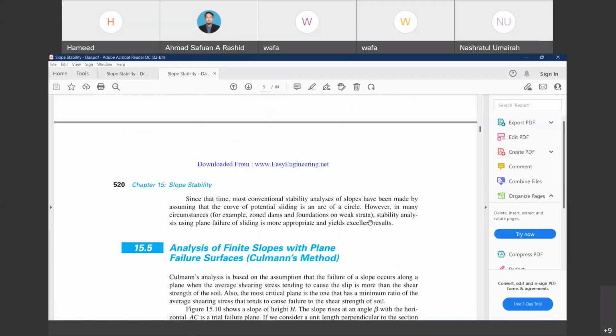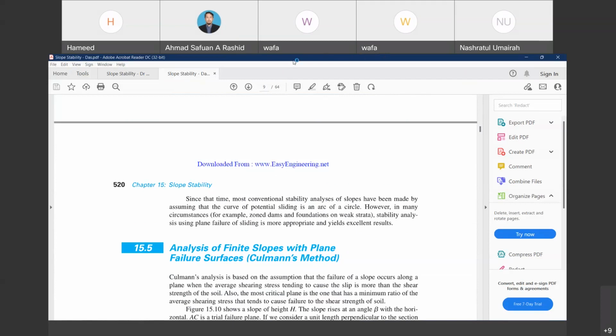Since then, most conventional stability analysis of slopes has been made by assuming the curve of potential sliding is an arc of a circle. However, in many circumstances, for example zoned dam foundations, stability analysis using a failure plane is more appropriate and yields excellent results. So that depends on the condition.